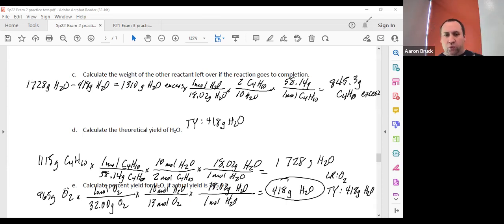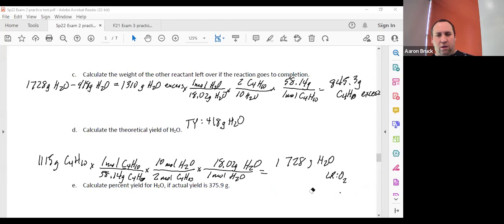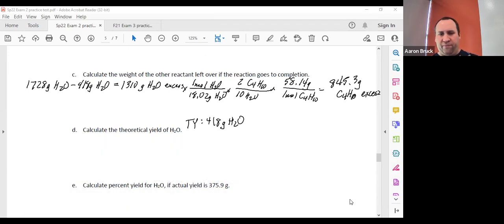As opposed to this number here in part E, the actual yield or the experimental yield would be the result of what happens when we do this reaction in a real world scenario, in the laboratory, in the field, wherever.